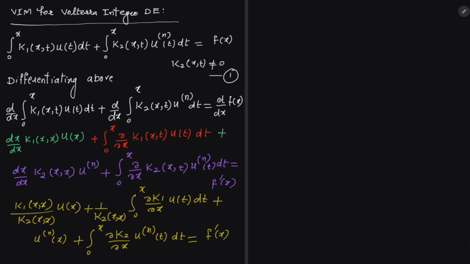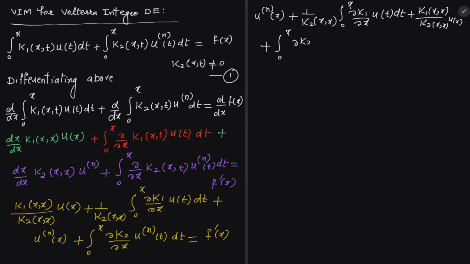I rewrite it as u nth derivative of x, plus 1 over k2(x,x) times the integral from 0 to x of partial k1 by partial x u(t) dt, plus k1(x,x) divided by k2(x,x) u(x), plus the integral from 0 to x of partial k2 by partial x u nth derivative dt, minus f dash x is equal to 0.